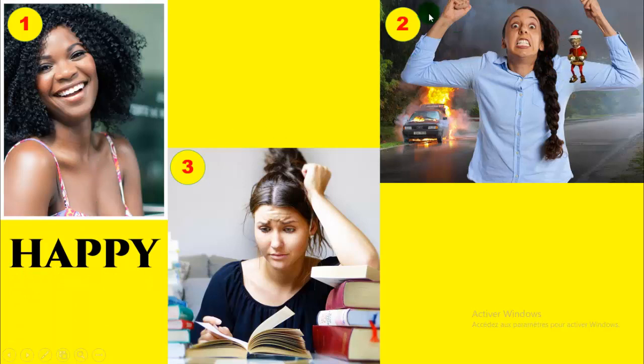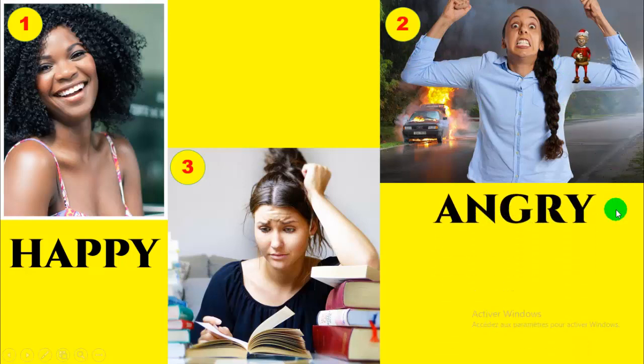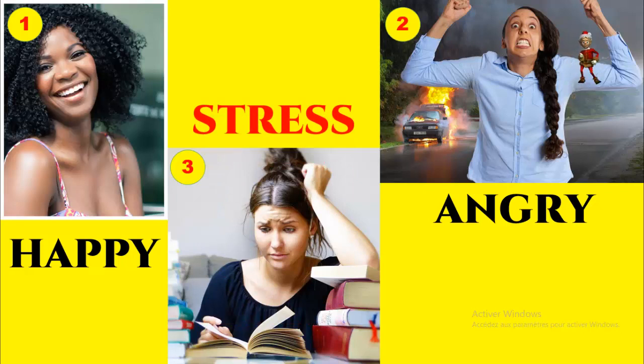And picture number 2, in your opinion, the emotion of this girl, I think it is anger. She is angry. Picture 1, happiness. Picture 2, anger. Now, in picture number 3, look at the face of the girl. It is stress. I think this girl is stressed. Stress.